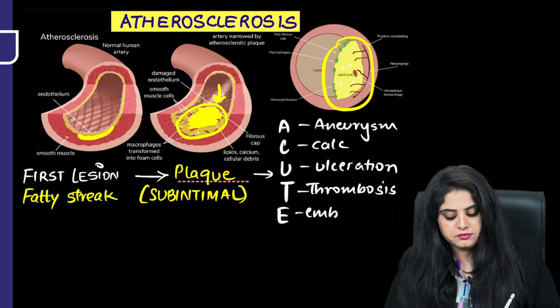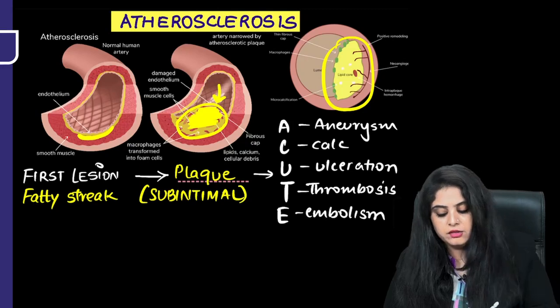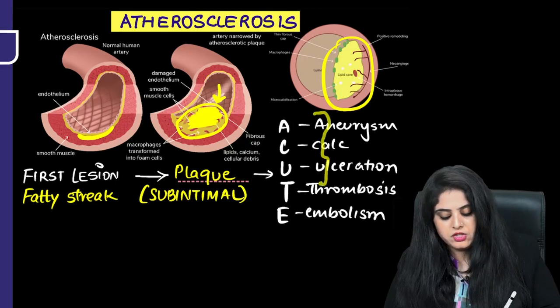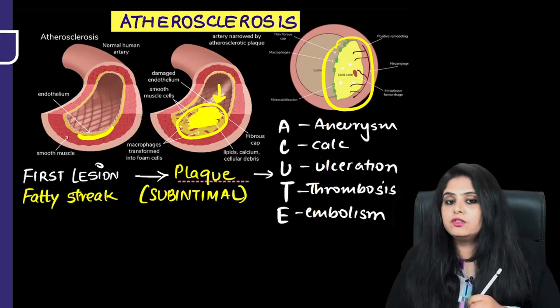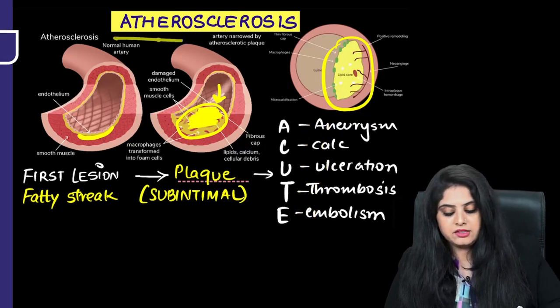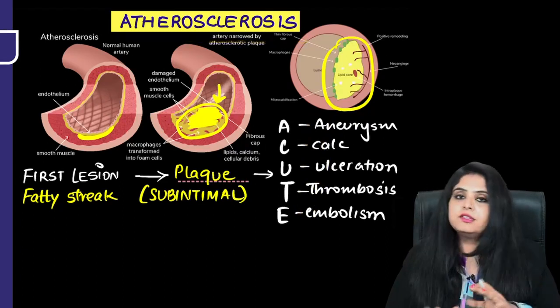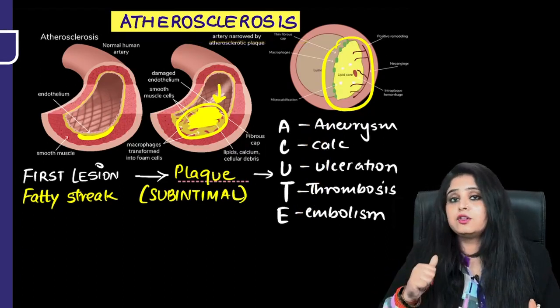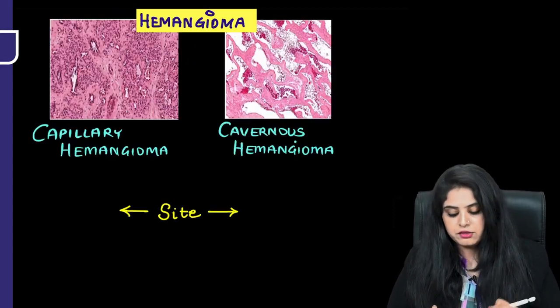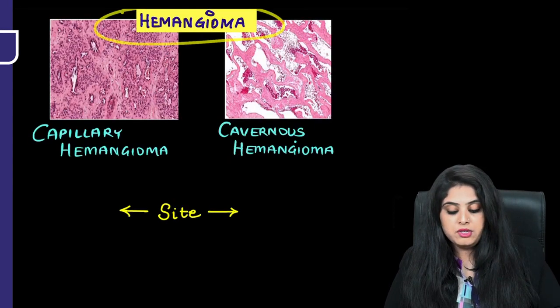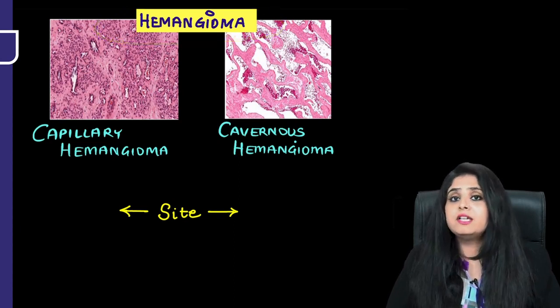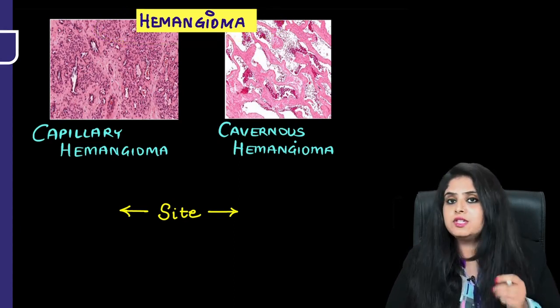So repeating, aneurysm, calcification, ulceration, thrombosis, embolism. These are the different complications known over here. So yes, this is about atherosclerosis, which is important. Sclerosis over, let's go on to the next topic. What are the images that you have to know for vascular tumors? The most common, OMA, benign wala vascular tumor, hemangioma, recent exam questions in NEET and FMG.